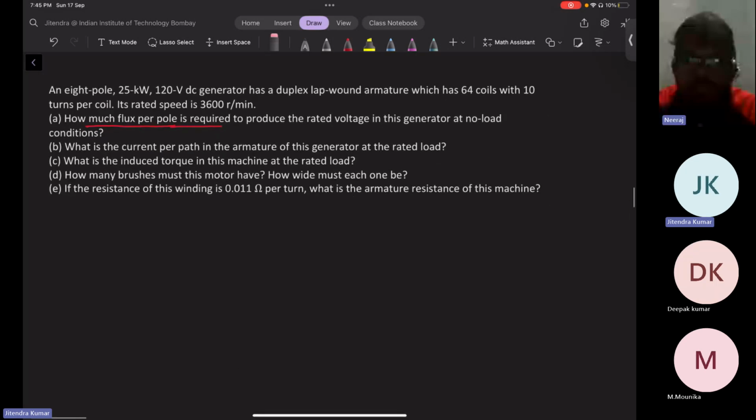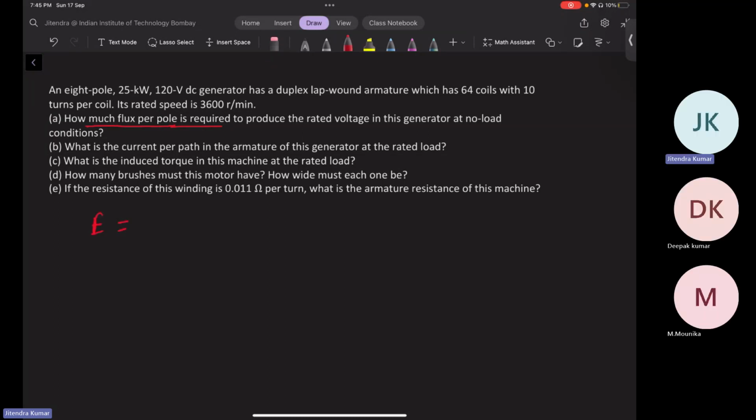So let us compute this first. Whenever we need a speed relation with EMF, it will be K phi omega. Here we are given speed in RPM, and this relationship needs omega in radian per second.